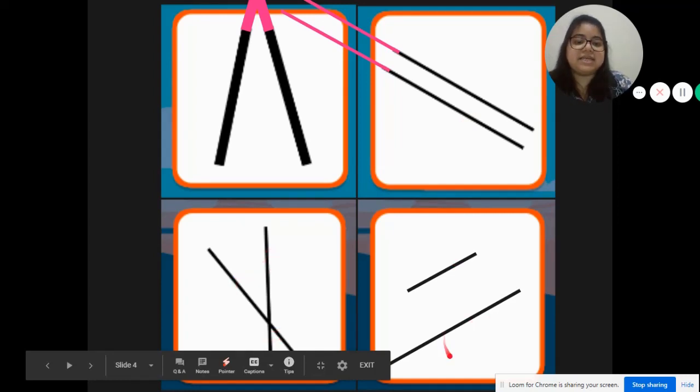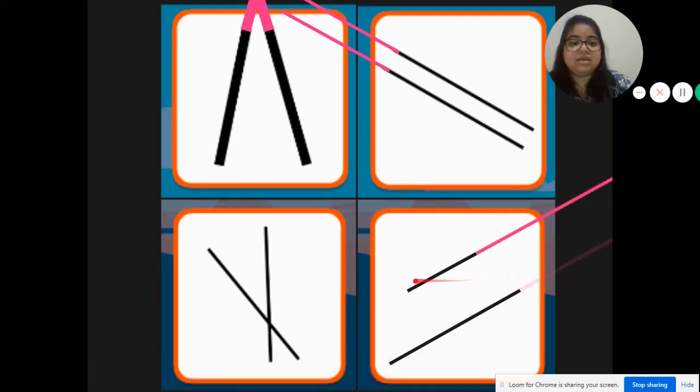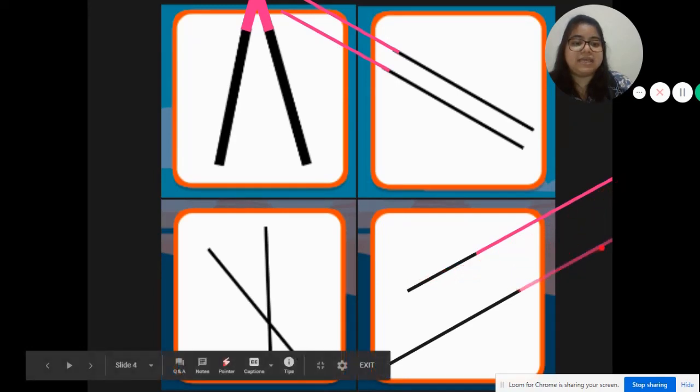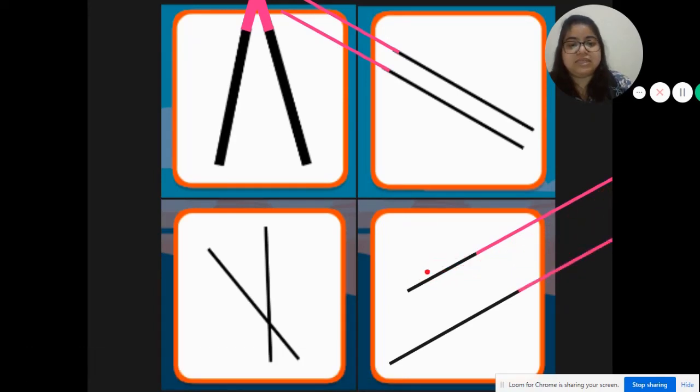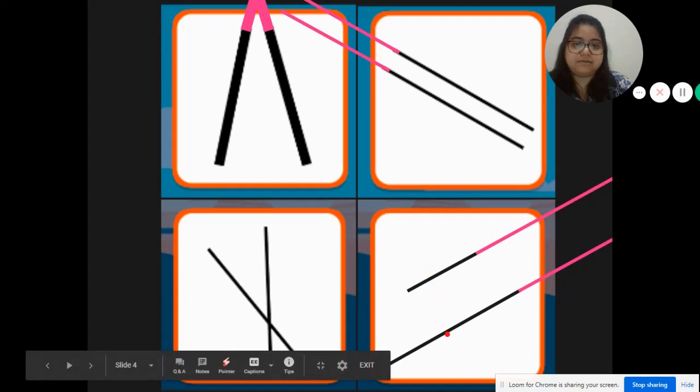What about this set of lines? Even though this is a short line and this one is a longer line, they are parallel. Why? Because if I extend these two, they are not going to meet at any point. So these two lines are parallel.